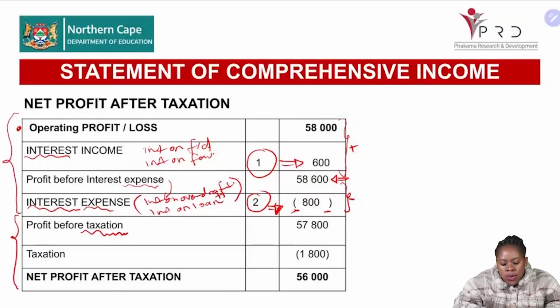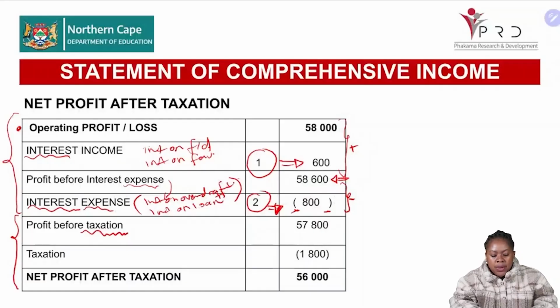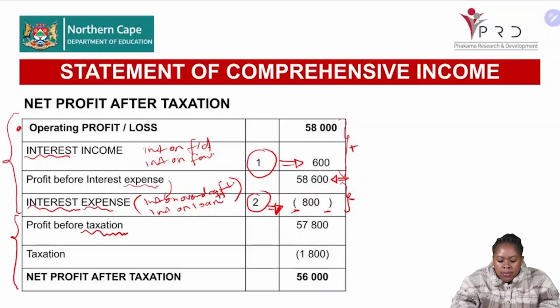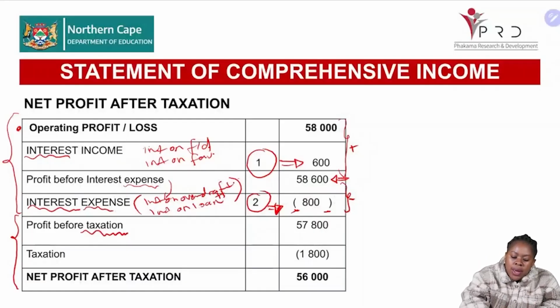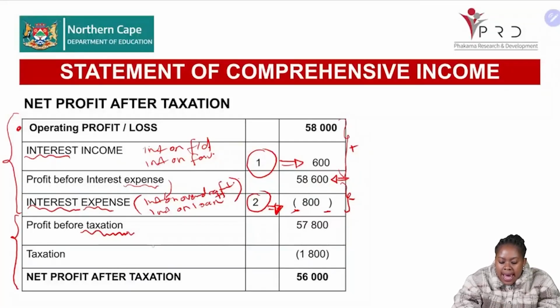After that, you have your net profit after interest expense, no problem. But in grade 12, we have a new phenomenon, which is the tax. So the income tax must be charged. So this is your profit before income tax. And then you calculate your income tax.